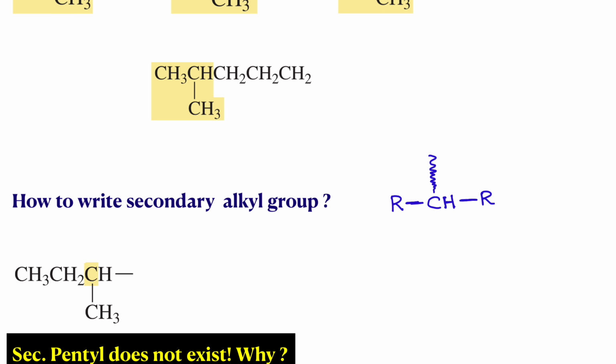So whenever you are talking about a secondary alkyl group, you have to write a CH with 2 alkyl groups. For example, here this is a CH, one is a methyl group, another is an ethyl group. So there are 4 carbon atoms in total. Therefore, it is called secondary butyl.